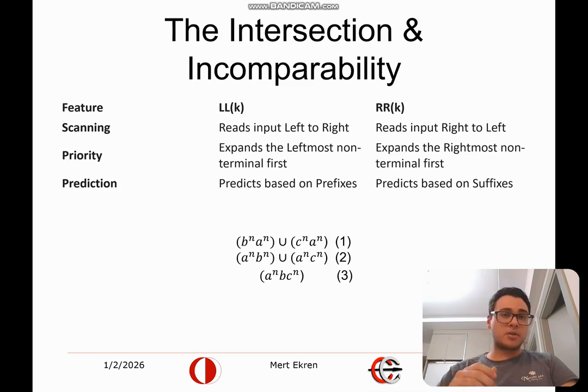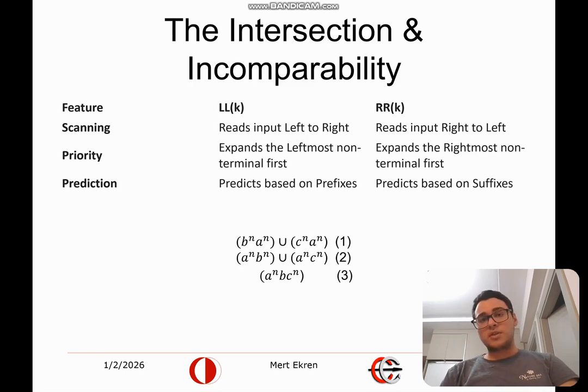However, an RR parser scanning from right to left sees an A and will not be able to immediately decide for lookahead K less than N. For the other case, as can be seen in the language defined by equation 2, it is RRK and not LLK, since the language can be deciphered by an RRK parser at the start, but not necessarily by an LLK parser for K less than N.